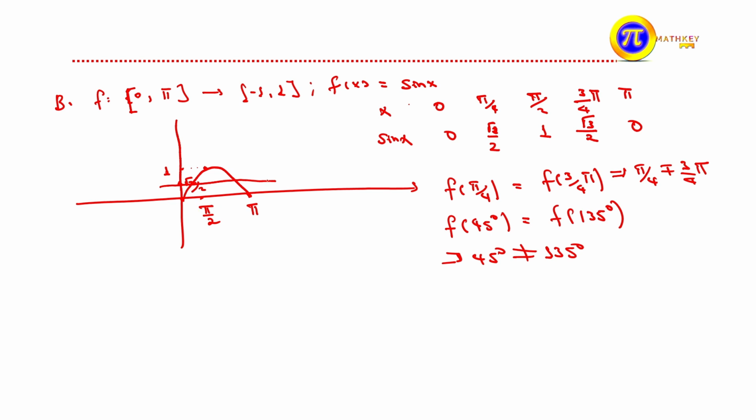The other one is the range. Range ምን መሆን አለበት? -1 to 1 መሆን ነበረበት። ግን ይሄ range የሚያሳየው ከ0 እስከ 1 ስለሆነ it is not onto, so it is not the correct one.